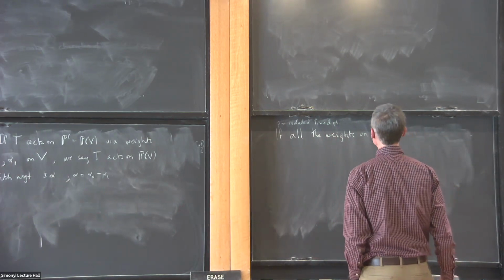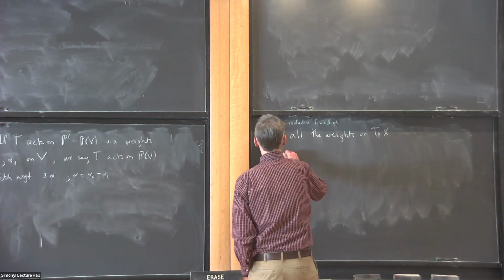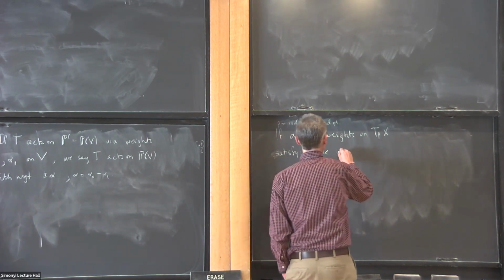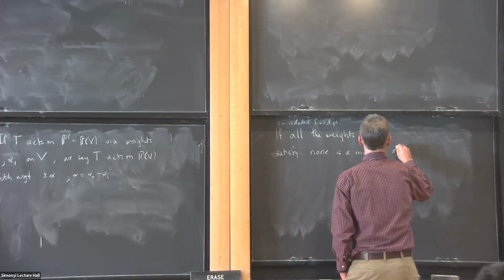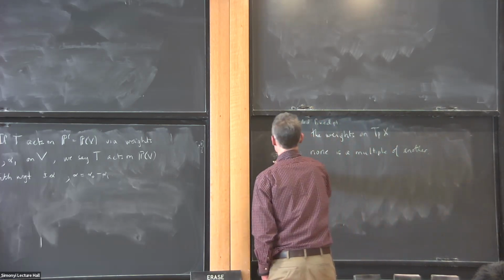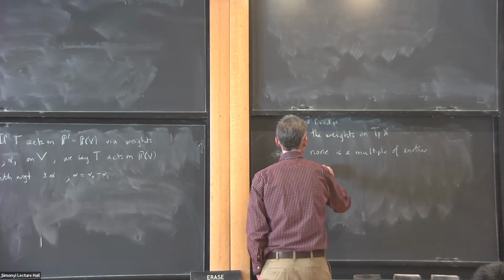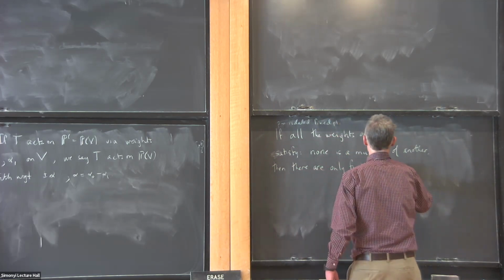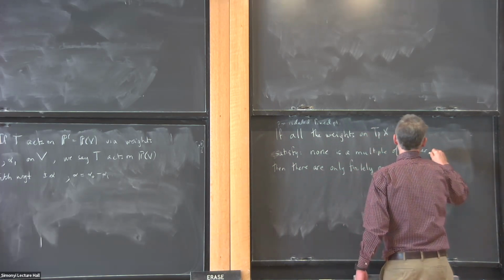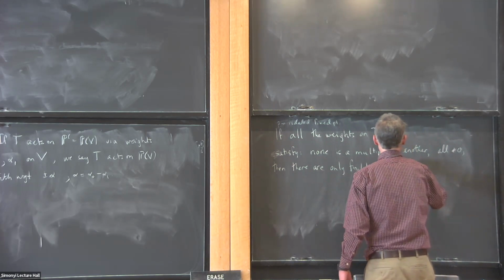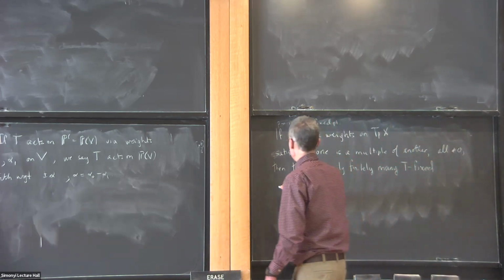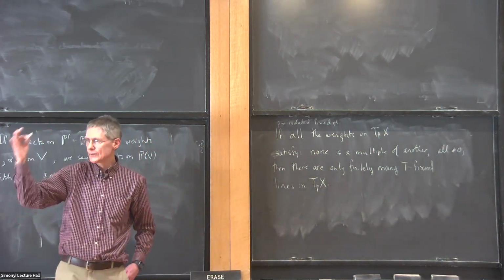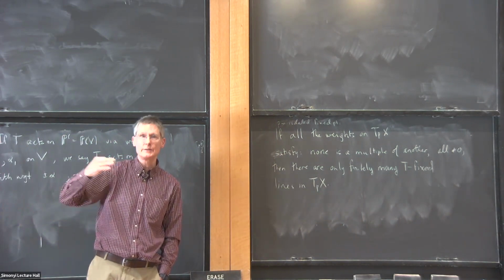So if all the weights on T_P X satisfy that none is a multiple of another one, and they're all non-zero, then there are only finitely many T-fixed lines in T_P X. Because all the weights are distinct, they're all linearly independent, and so they're just one-dimensional weight spaces, and those are the invariant lines.